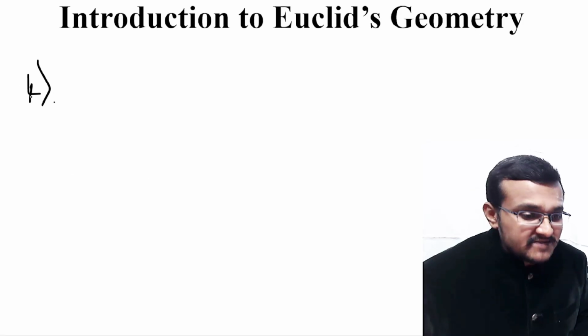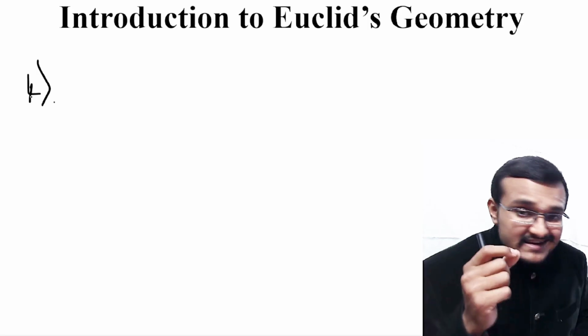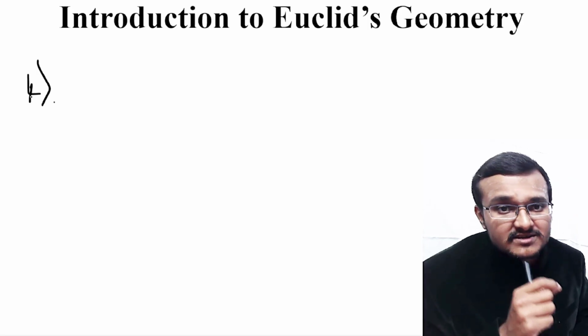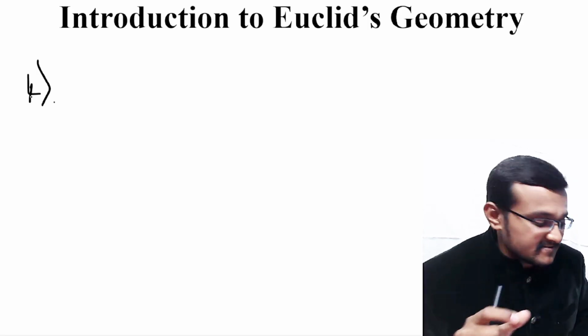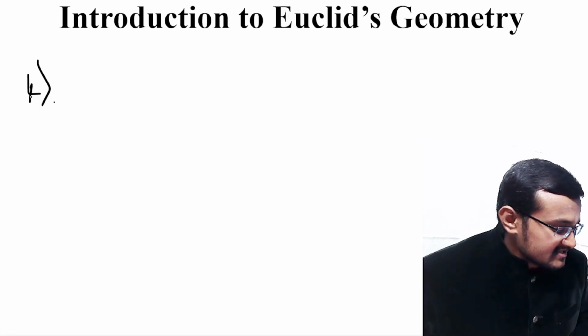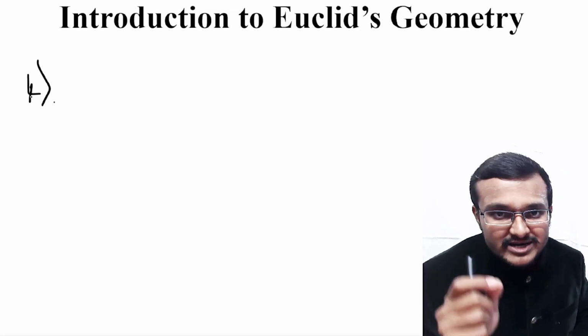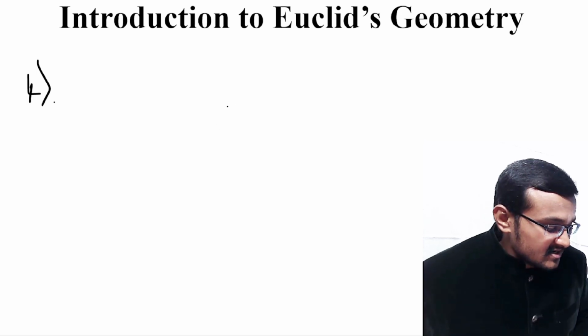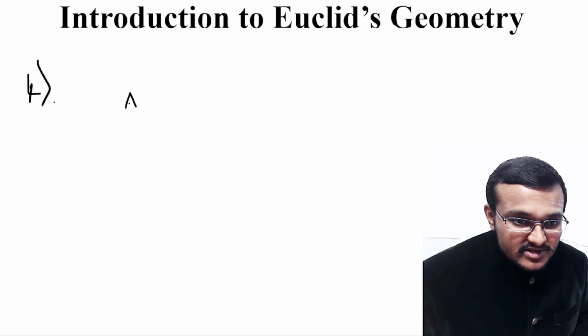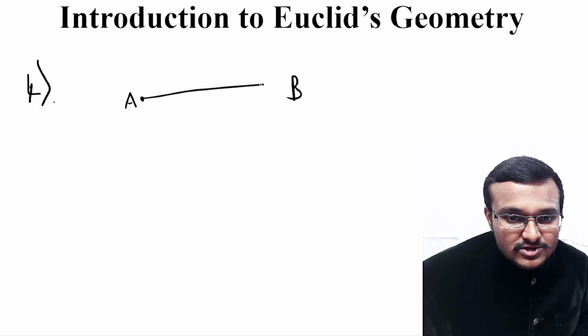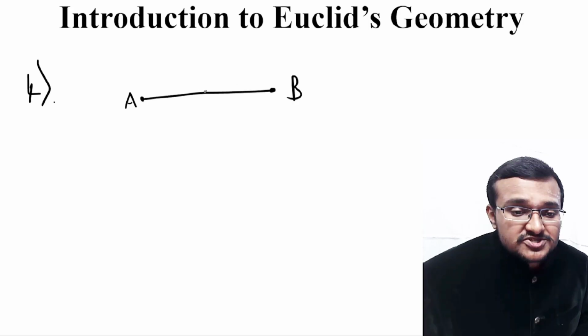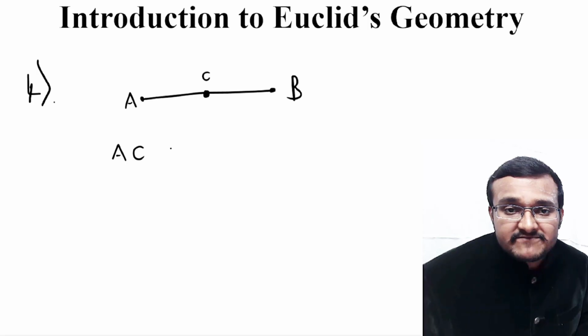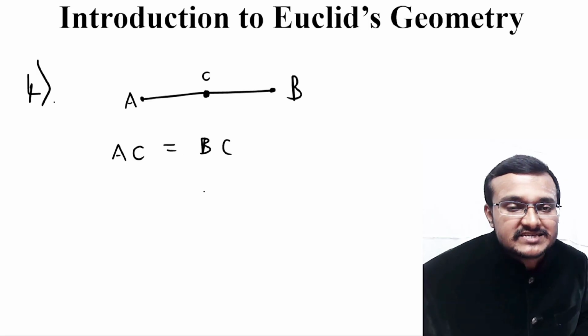Now we look into the fourth question. Here they tell us to explain the question using a drawing, so you have to draw a figure and explain it. C is one point which lies between points A and B. For example, AB is a straight line from point A to point B, and C is the point lying in between A and B. What they have given is AC is equal to BC.